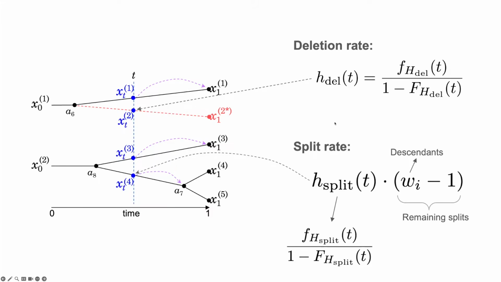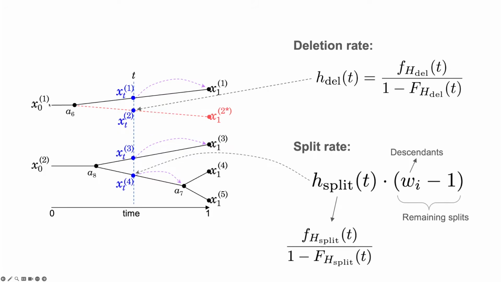Right. So these deletion rates and splitting rates are the thing that actually governs the timing of the events, both the splitting events and the deletion events, which as you run from t equals 0 to t equals 1, pin down where they happen. And they're written in a way that will cause them to always be 0 if there are no further events, that's by stipulation, and to diverge as you approach time equals 1. So you make sure you'll always consume all of the remaining events ahead of you as you approach 1.